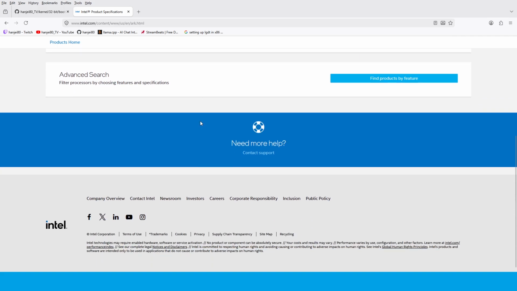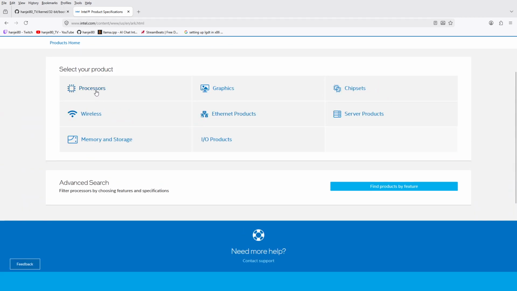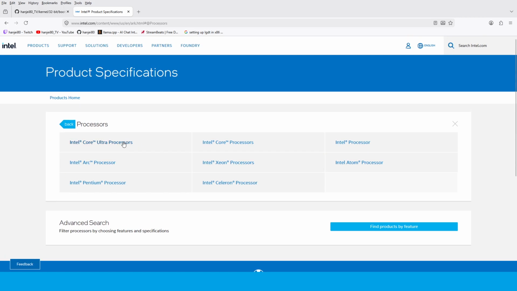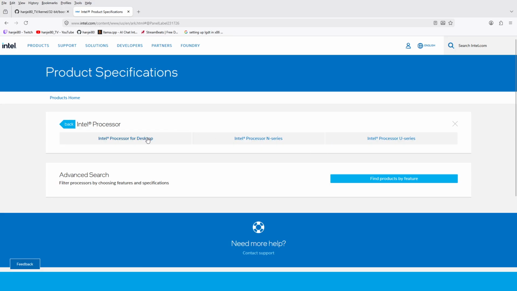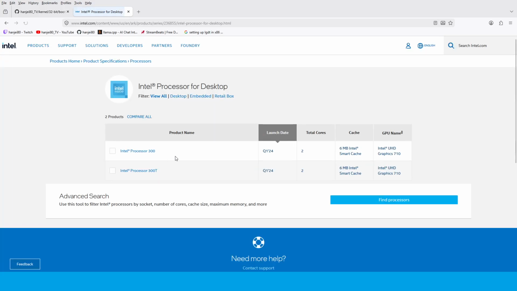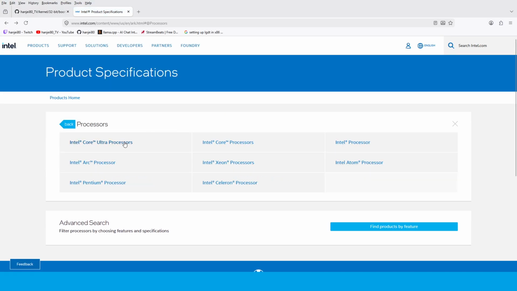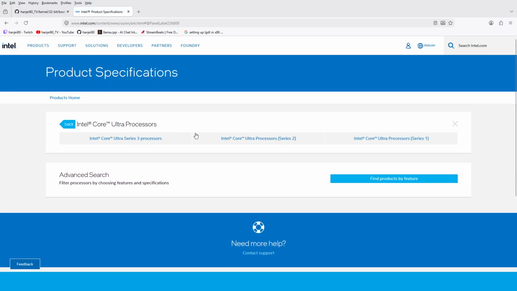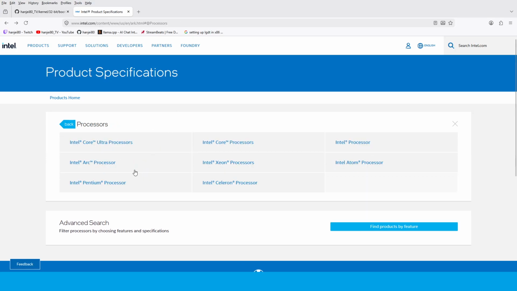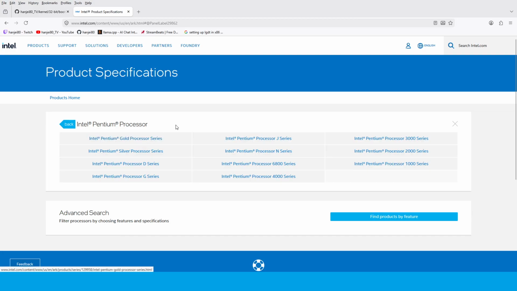Let's have a look. So look at Intel Core processor, Intel Pentium, maybe?